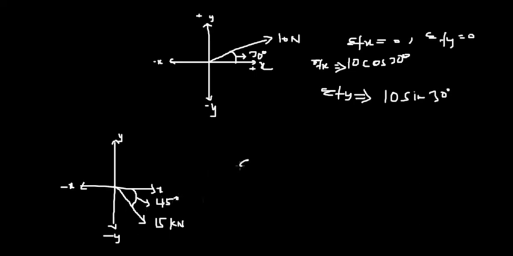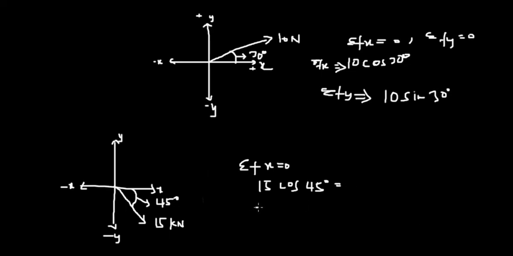Whenever you are taking the force along the x axis, note, since the angle is in between the x axis and the force, we use cos. So we have 15 kilonewtons cos of 45 degrees, and then you punch it in and find the answer.